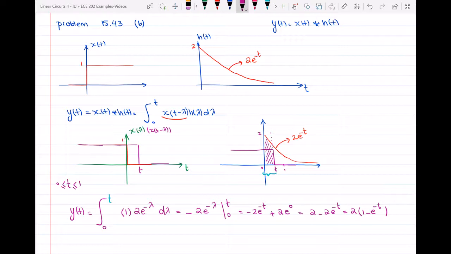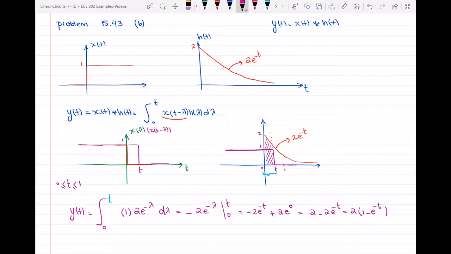Okay, but let's see if I move t more toward the right. So I will increase t, but you see that this was u of t. So this function is infinite, right? It will always be equal to 1.